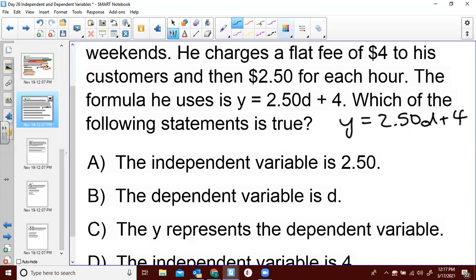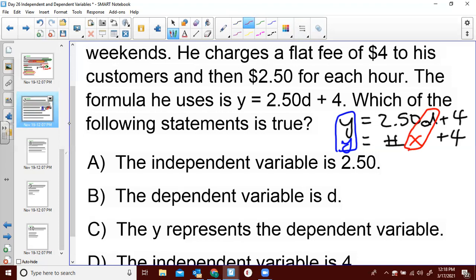All right, well, notice that our formula is going to be Y equals a number times X plus 4. And we want to line these up. We know that Y is our dependent, and that actually stays the same. And we know that our X is our independent, which is going to actually be D for this problem.